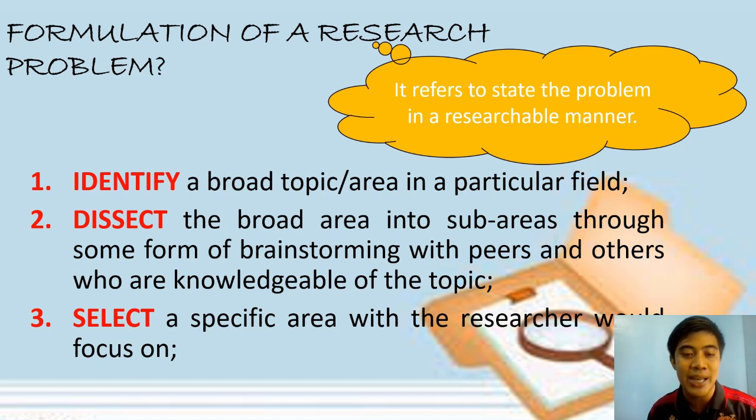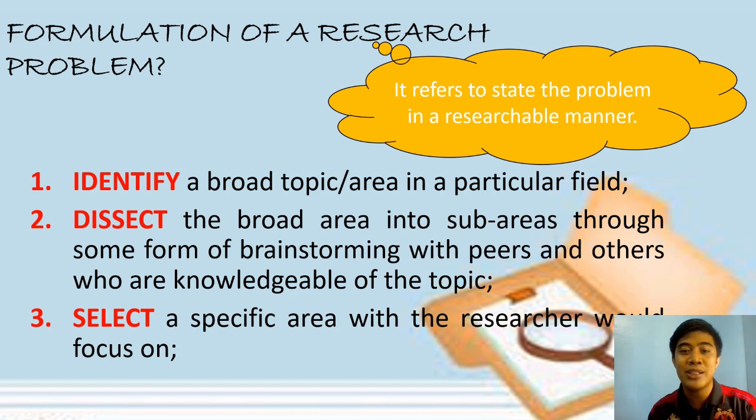Next is to dissect the broad area into sub areas through some form of brainstorming with peers and others who are knowledgeable of the topic. What are the areas of criminal justice? We have law enforcement, the prosecution, court, correction, and the community.